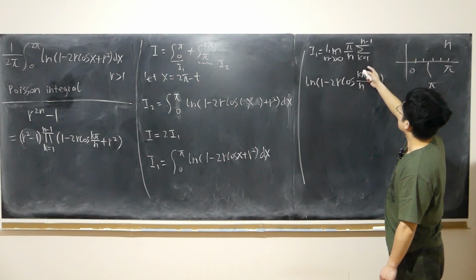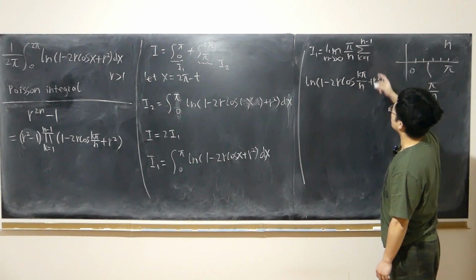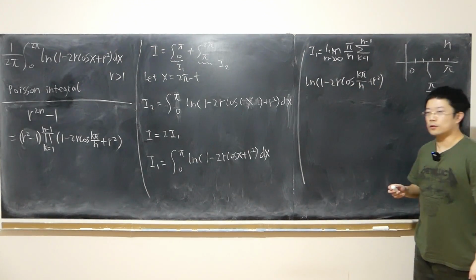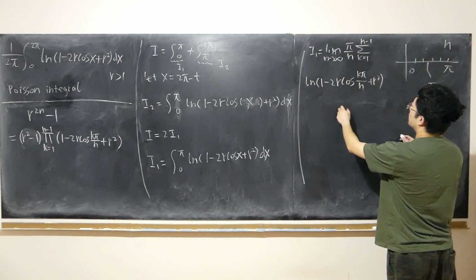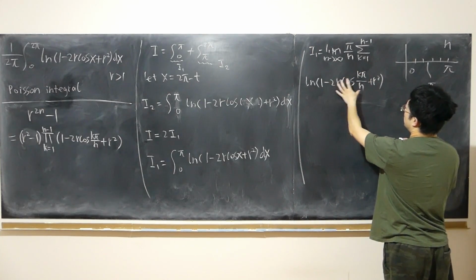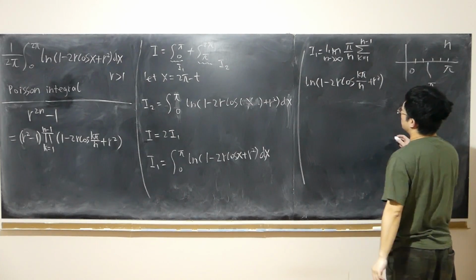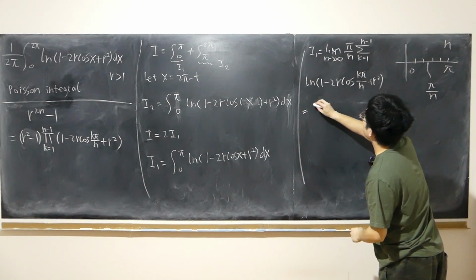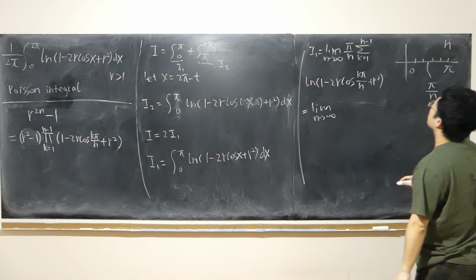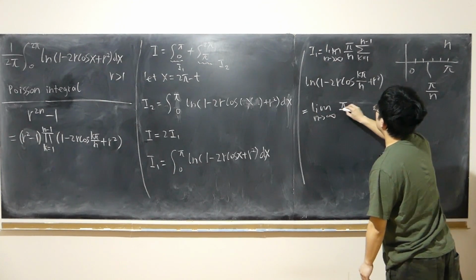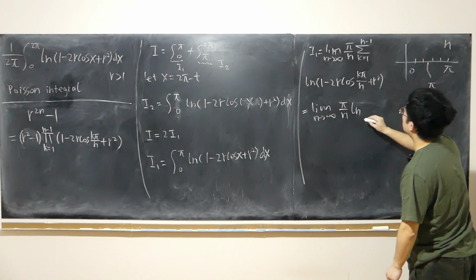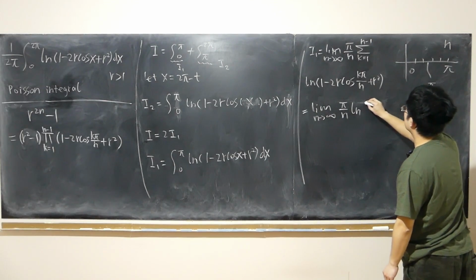I just need to work out k from 1 to n minus 1 and take this limit. Using the logarithm rule, we have a log, then sum them up; we can first multiply them together, then take the log. So it equals the limit of pi over n, log of the product.